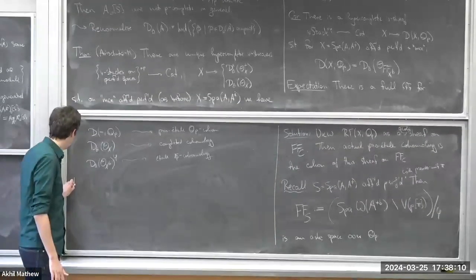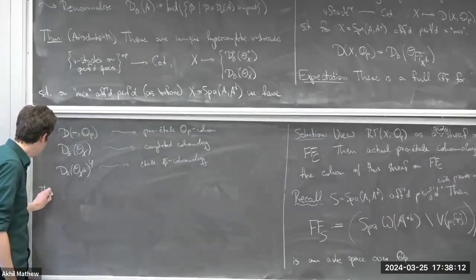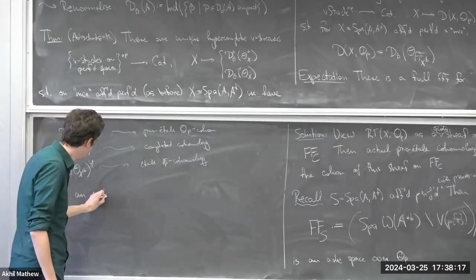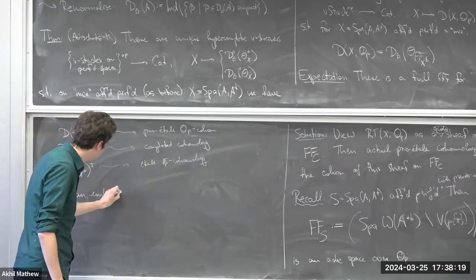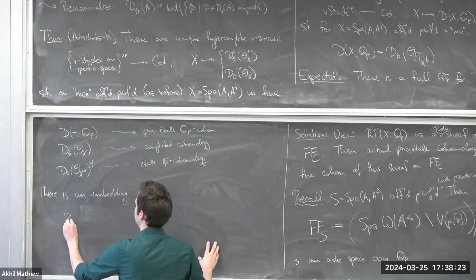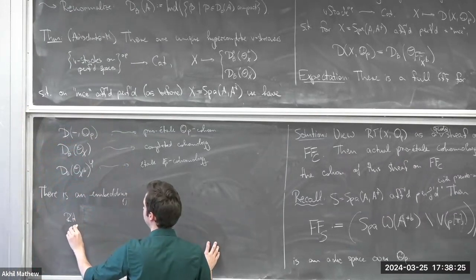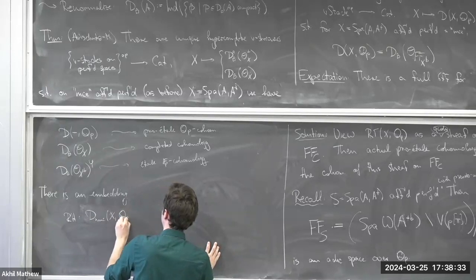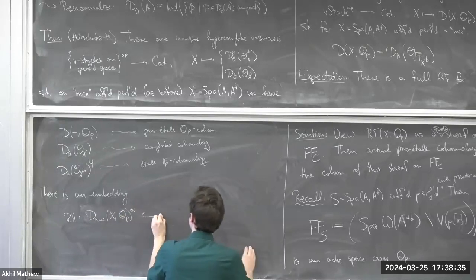And also, there is an embedding. So that would be a version of the Riemann-Hilbert functor, the Riemann-Hilbert correspondence. So maybe I should call it Riemann-Hilbert in this case. So there should be an embedding of nuclear p-sheaves, overconvergent, into this guy.